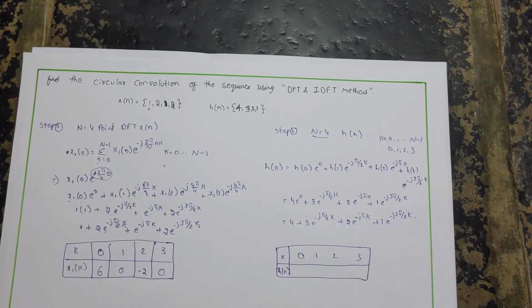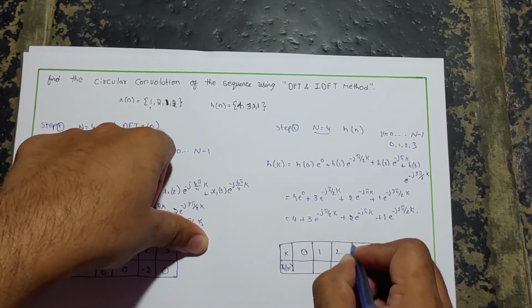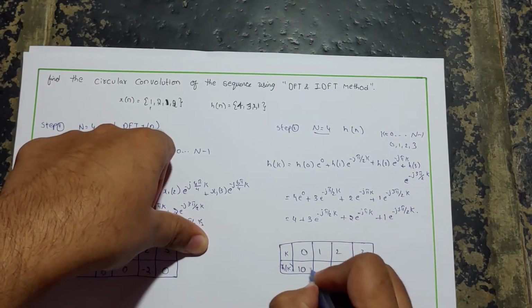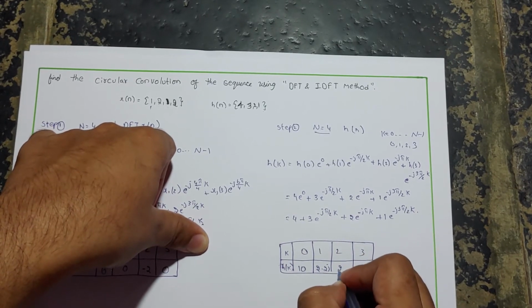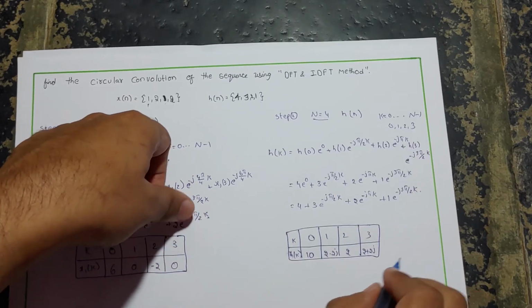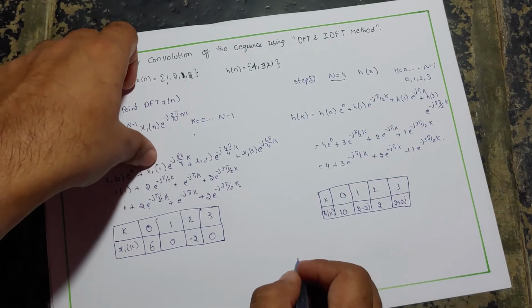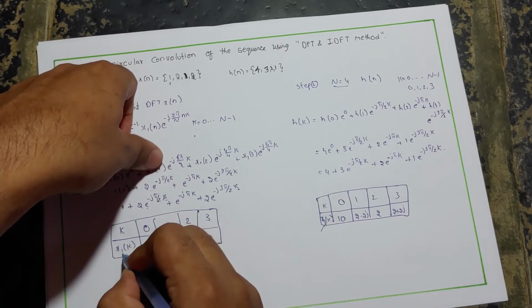So we will get 10, 2 minus 2j, 2 and 2 plus 2j. This is h1 of k, and this is x1 of k.